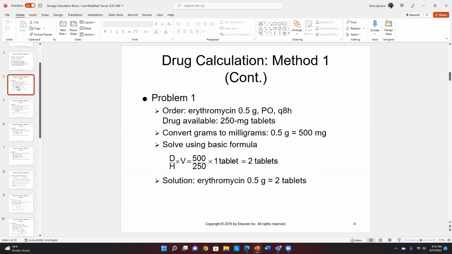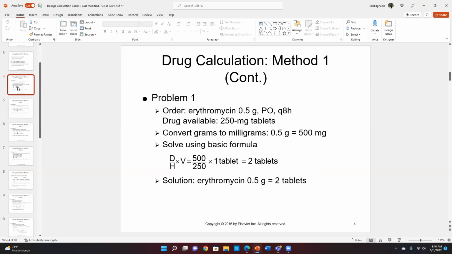It's 250 milligram tablets. So if I have 1 tablet, that is going to give me 250 milligrams of erythromycin, which is an antibiotic. So the first thing that we have to do is convert those 0.5 grams into milligrams.